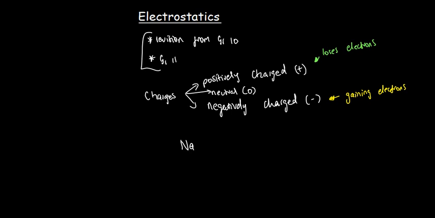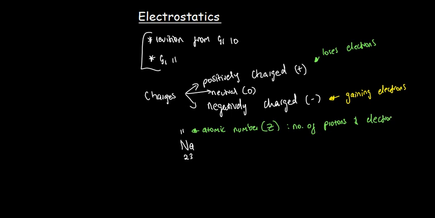For example, let's look at a neutral element from the periodic table. Let's take sodium as an example. Sodium is denoted like this as a symbol, and some of these numbers represent something. This one here is the atomic number, and the symbol is Z. It represents the number of protons and electrons in there.